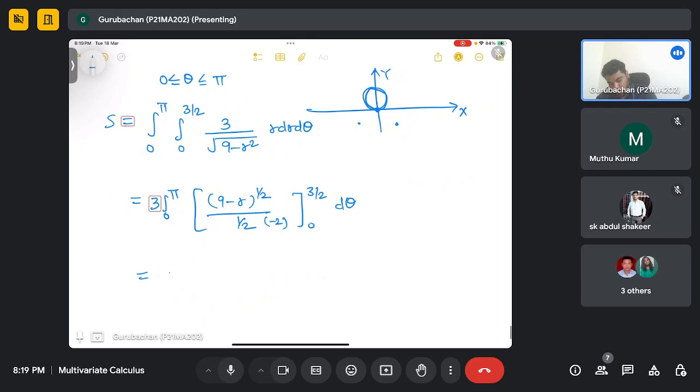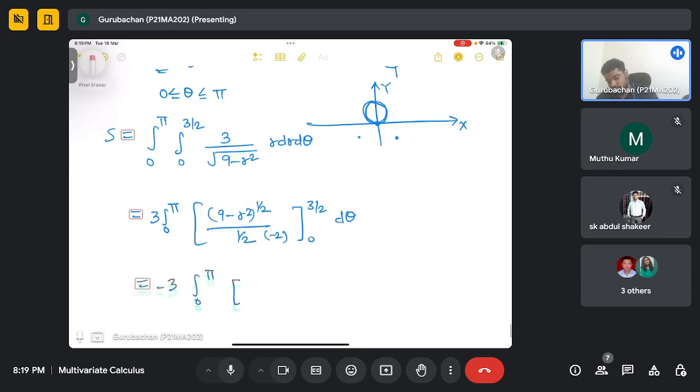So this will give you 3 with negative sign for the time being, and when you put the limit 3 by 2, this will give you 9 minus 9 by 4, and this corresponds to, I think, okay, we made one mistake here.